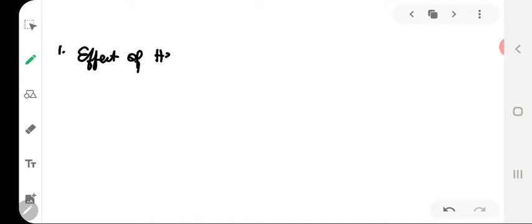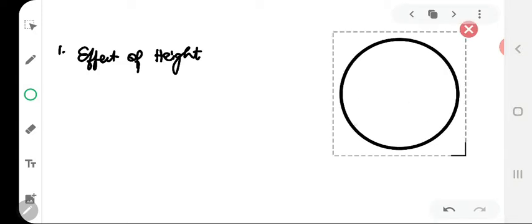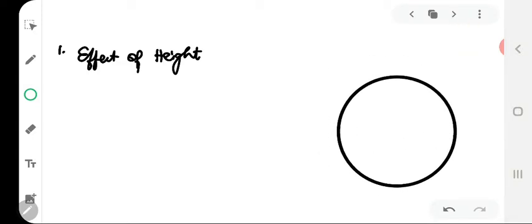Effect of height on acceleration due to gravity. Now for this we shall refer to a figure. We shall represent the mass of earth by M and the radius of earth by r.